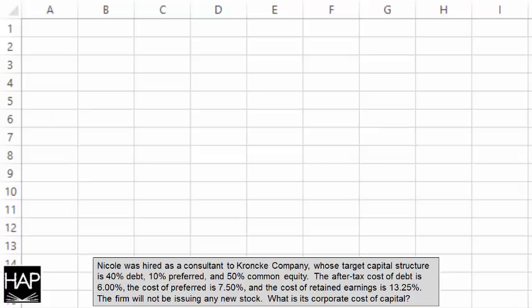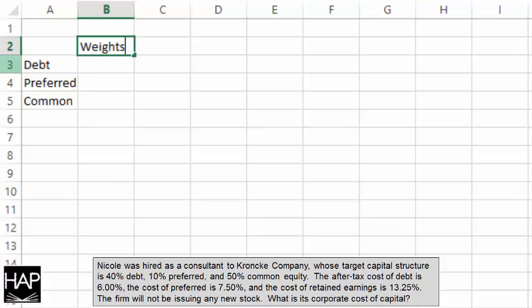Now to solve the corporate cost of capital using Excel, I'm first going to enter all of the information that I know into Excel. I know that we're working with debt, preferred equity, and common equity. And I also have the weights of each of these. The weight of debt in the structure was 40%, which I'm going to express as a decimal.